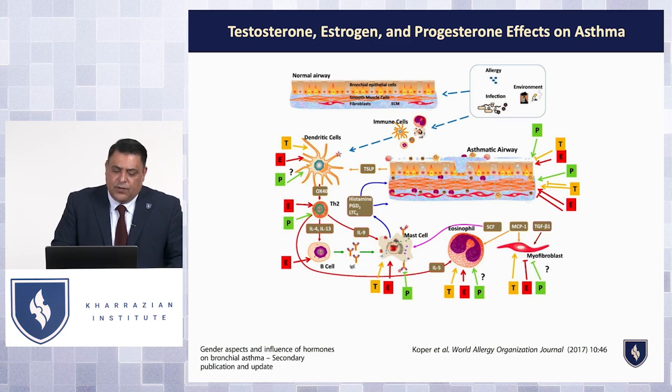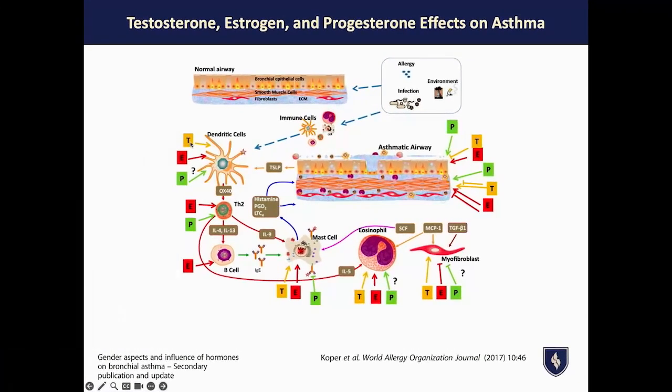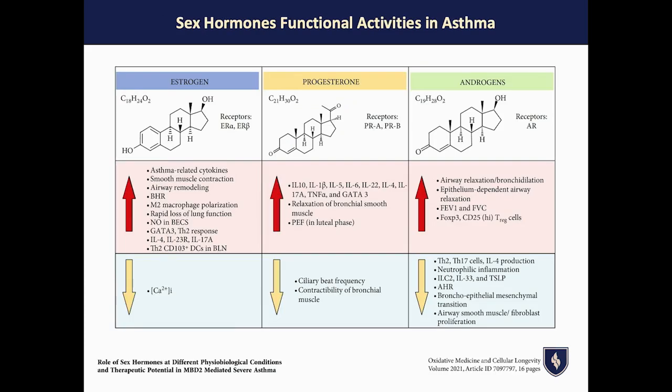They show all these different mechanisms of testosterone, estrogen, and progesterone, represented as T, E, or P, for different immune cells. Here you can see testosterone, estrogen, and progesterone impacting dendritic cells in asthma, and estrogen impacting B cells, and so forth.